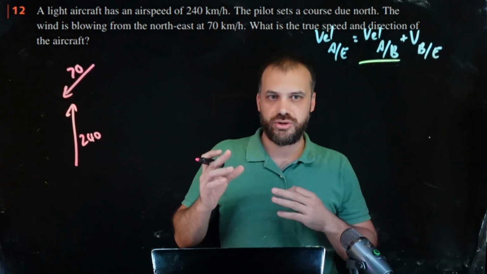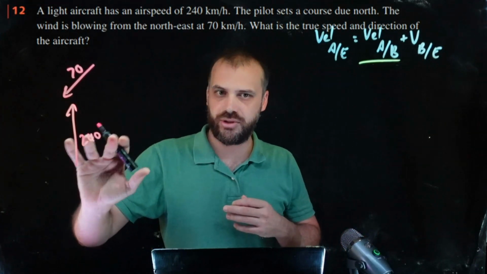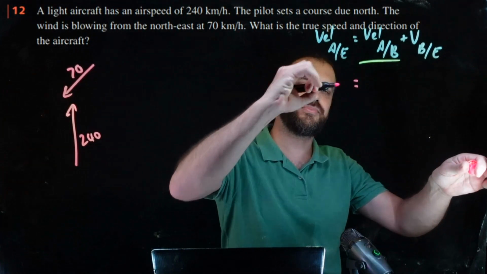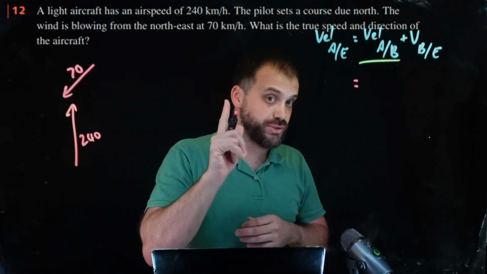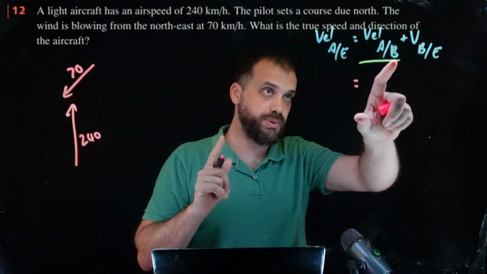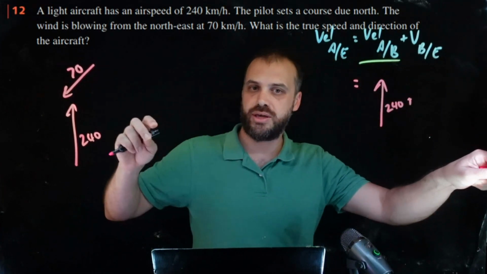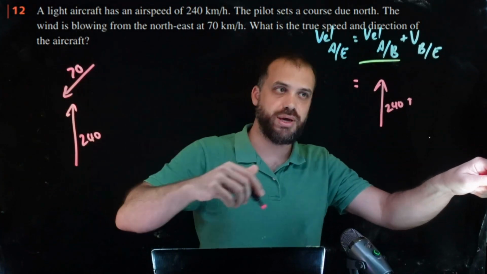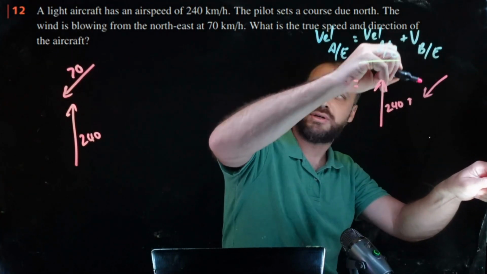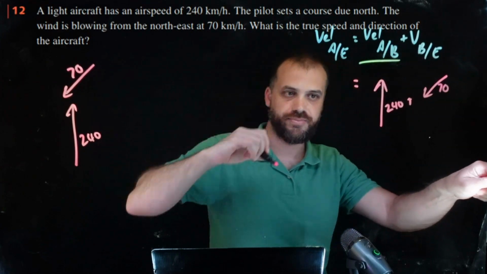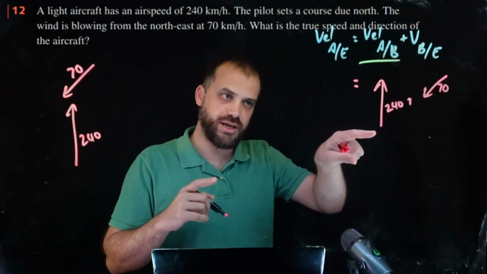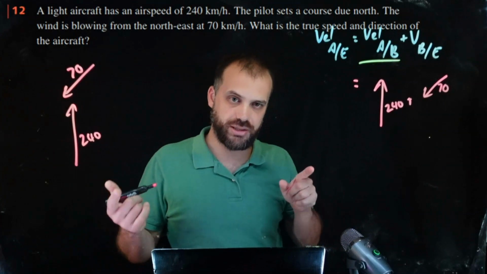Okay, so the plane with respect to the air is 240. The air with respect to the earth is 70. And we're going to add those together to get the plane with respect to the earth.